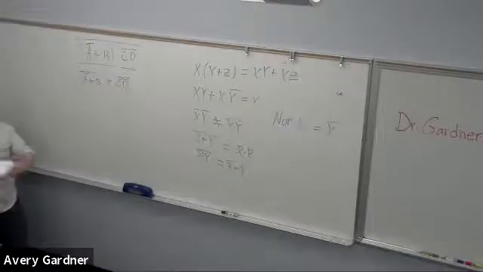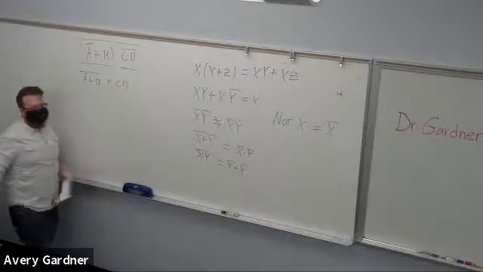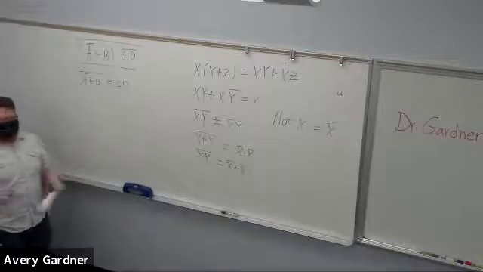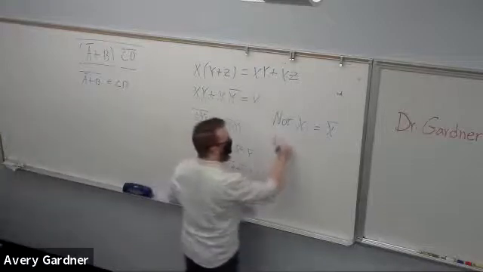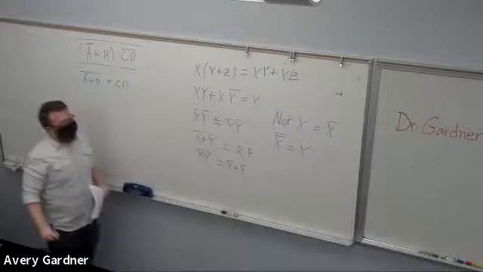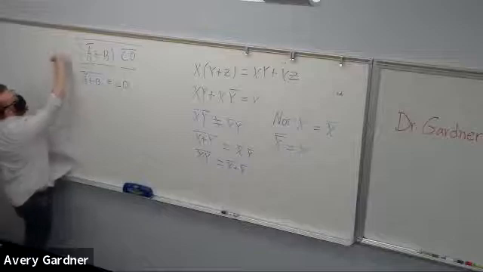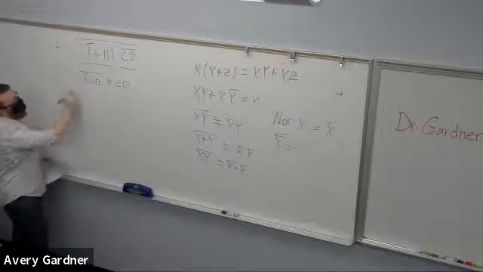There's no bar. A double bar is equivalent to no bar. That's saying not X is equal to X. X bar is equal to X. Okay. So if I say F is equal to that, F is equal to that.